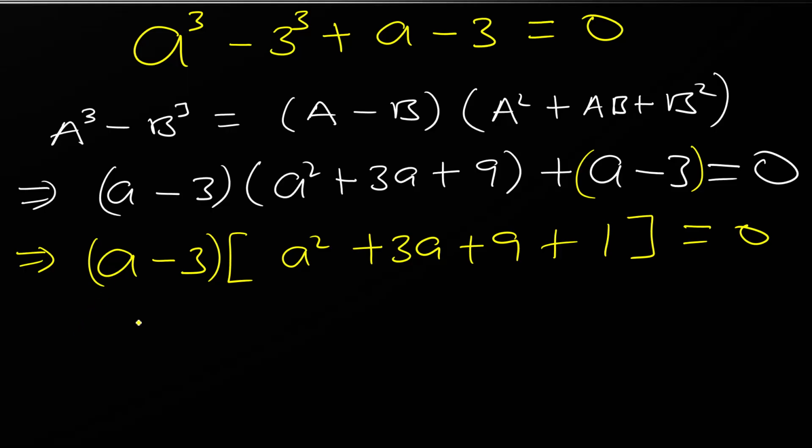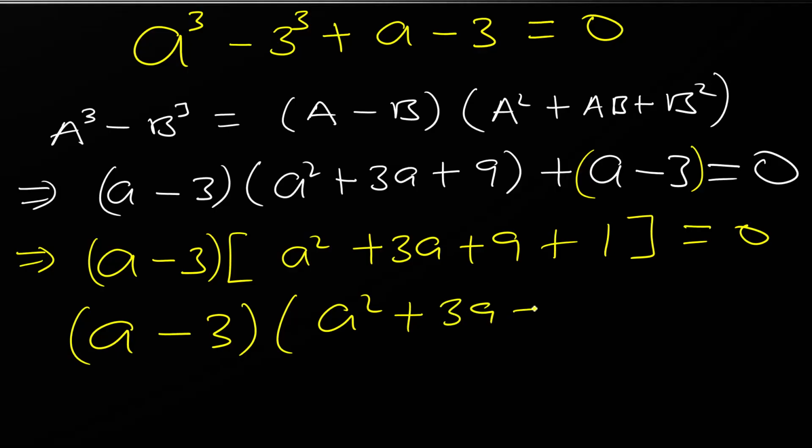So we have a minus 3, and this side will be a squared plus 3a plus 10 equal to 0.